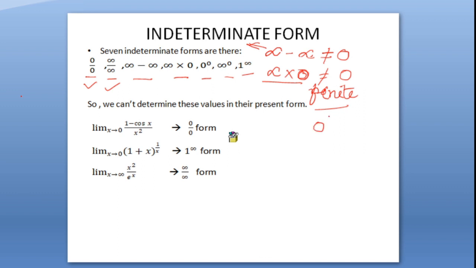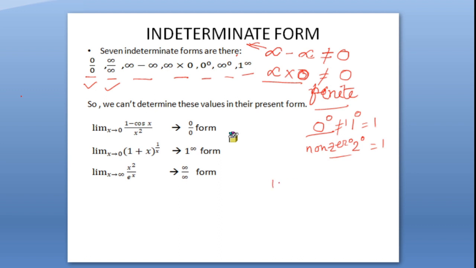Next, 0 to the power 0. As we know, 1 to the power 0 is 1, 2 to the power 0 is 1, any number whose power is 0 will be 1, but not for 0, and here also the rule is it should be non-zero. Therefore 0 to the power 0 is not equal to 1. Next, same thing for infinite to the power 0, and 1 to the power infinite.